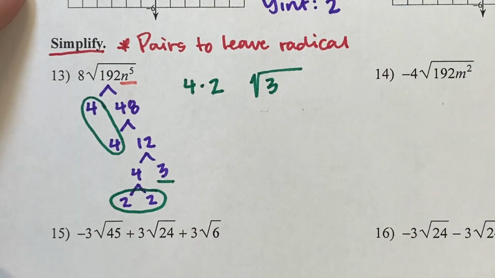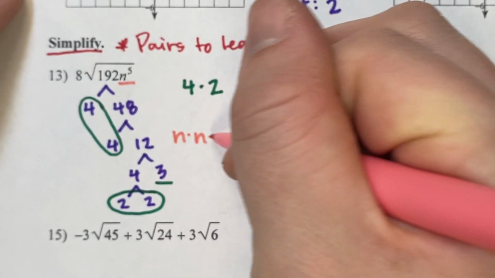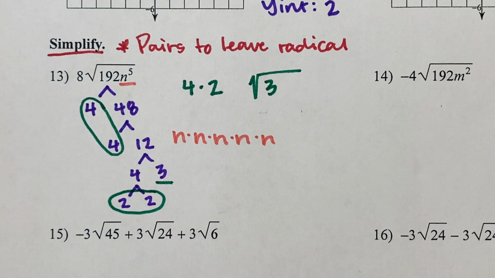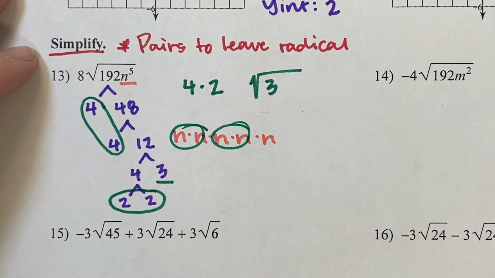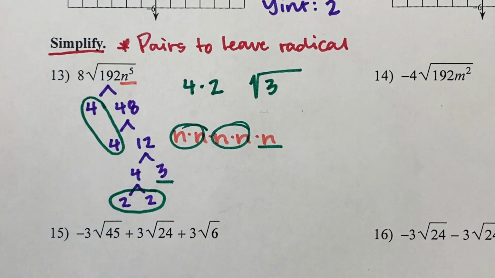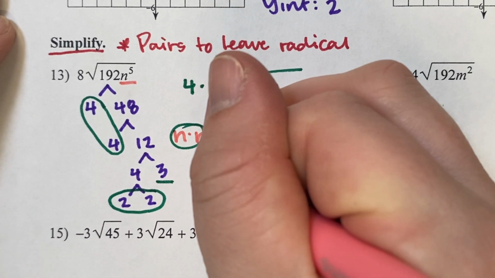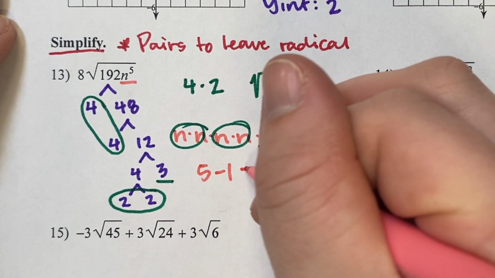Now we need to take care of the n to the 5th power. There's a couple ways you can do this. You can draw out 5 n's and see how many can couple up. So I can create 2 couples with 1 left inside. Or what you could have done, especially if it's a big odd number, you can take 5, because it's odd, subtract 1.